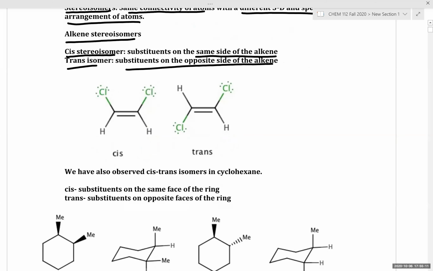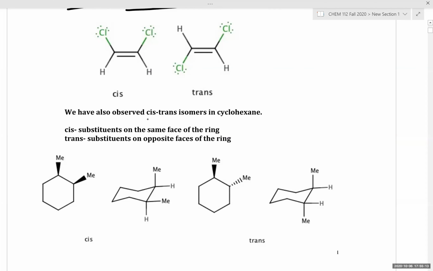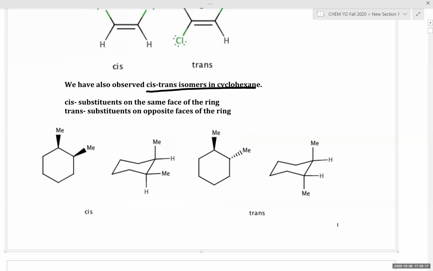We also have observed cis and trans isomers in cyclohexane. Remember, for a cis cyclohexane system, substituents are on the same face of the ring. So notice both of these methyls are pointing up. They have the same stereochemistry. While in the trans cyclohexane, we have our substituents on opposite faces.